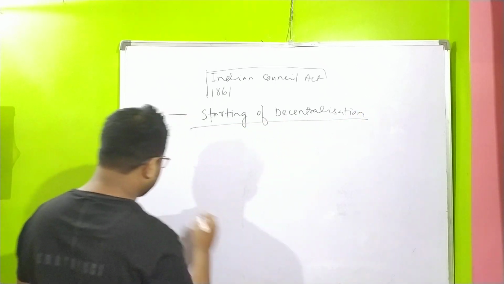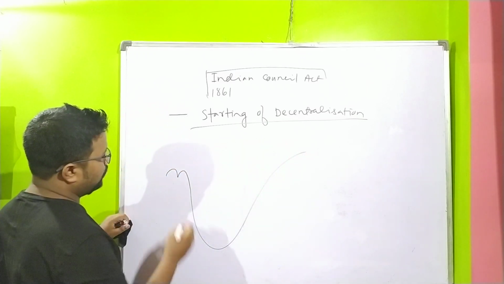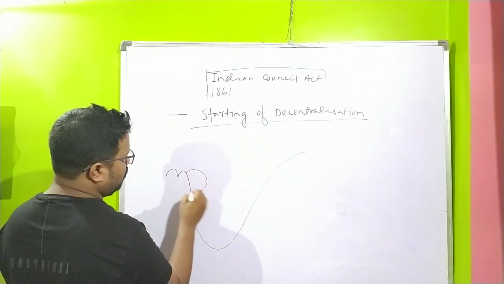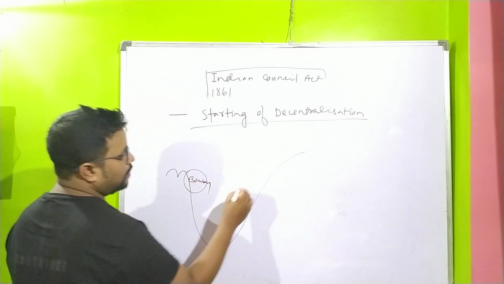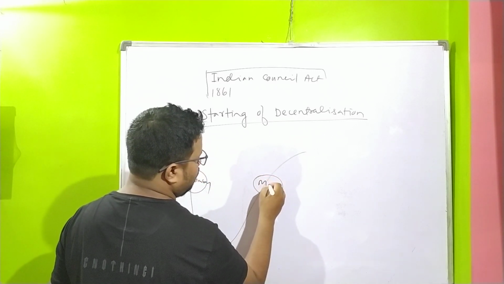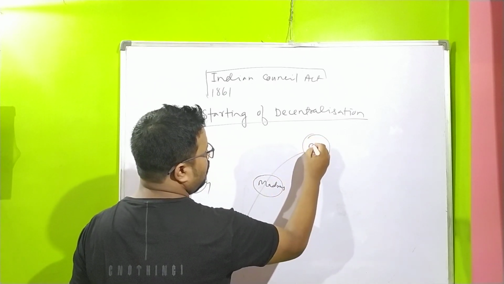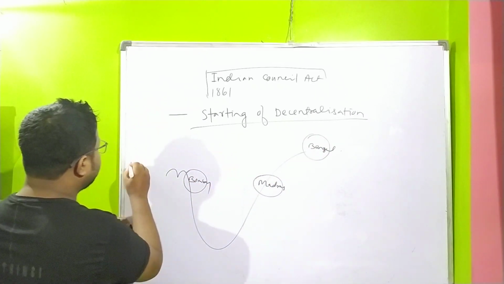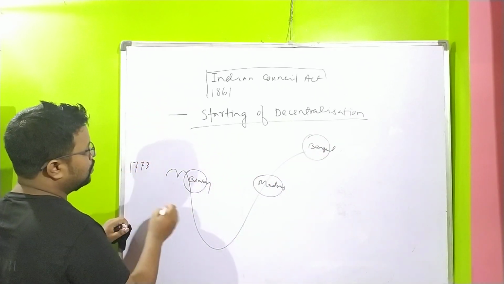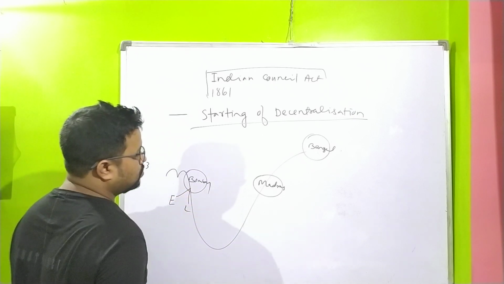For that, take Bombay, Madras, and Bengal. Before 1773, Bombay, Madras and Bengal each had executive and legislative powers.